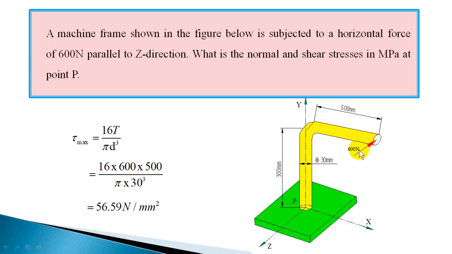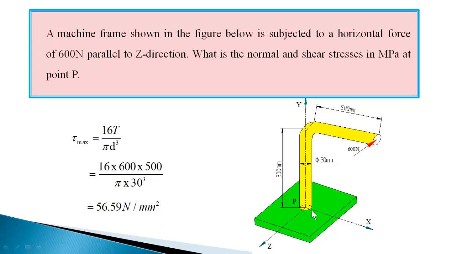Now this force will produce some twisting with respect to point P. It is fixed here, and this is a rod with a circular cross section. Since it is fixed here, this force will try to rotate the rod. The torque acting you can find as 600 into 500.